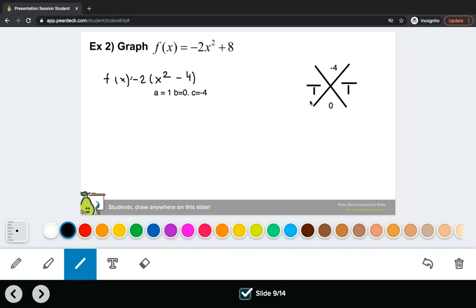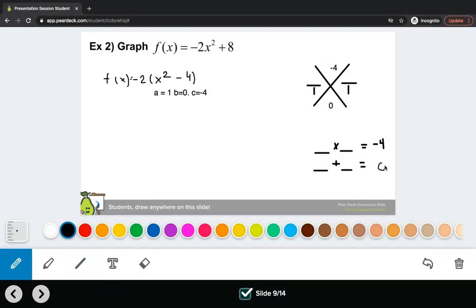So I'm thinking of two numbers that multiply to -4 but add to 0. So blank times blank is equal to -4, and then blank plus blank is equal to 0. And you should get the numbers -2 and 2.